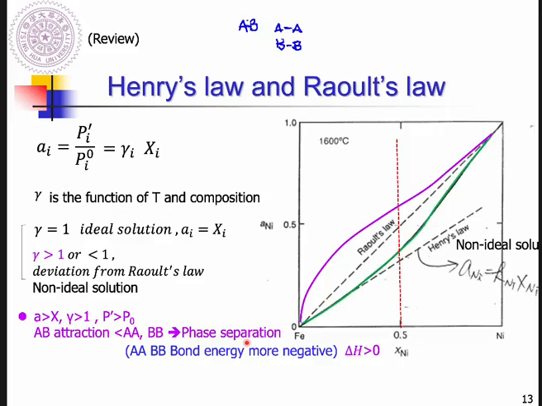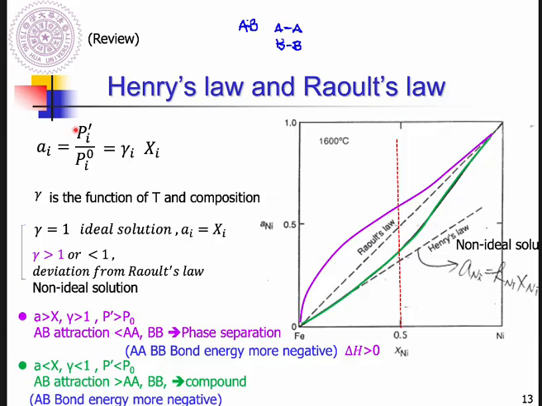And the other is what we show in green. Green is A smaller than X, A smaller than X, which means that gamma is smaller than 1, and which means that the Pi 0 is larger. The vapor pressure before mixing is larger, which means that after mixing it is smaller.